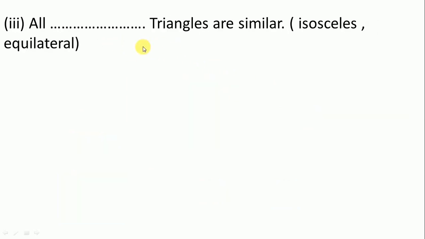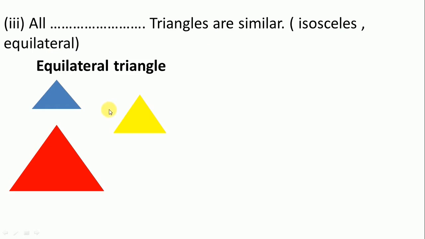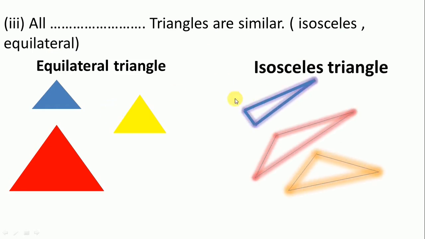Okay, next one. All dash triangles are similar. Isosceles triangles or equilateral triangles. Here some equilateral triangles and here isosceles triangles. First we have to see the shape of the figure. The shape of the figure is same but the size of the figure is different here.